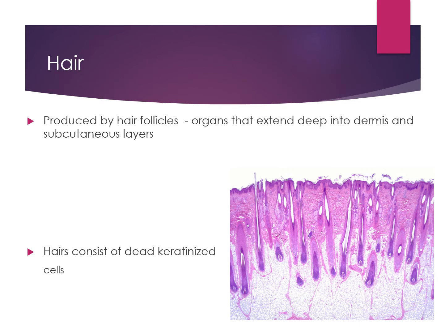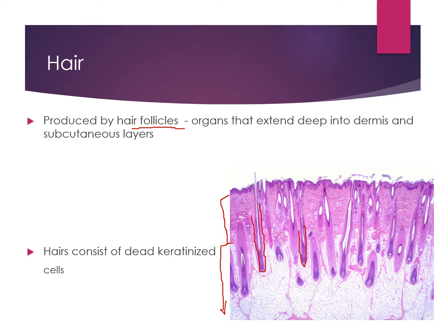Hairs are protein fibers that are produced by hair follicles. Hair follicles are organs that extend deep into the dermis and subcutaneous layers. So in this figure, you can see these hair follicles extending through the dermis. The dermis is this pink area here, and they go down into the hypodermis here.